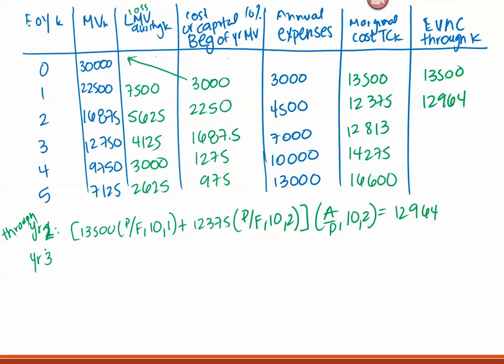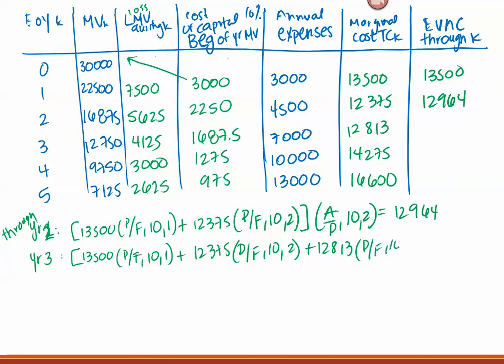Let's do it through year 3, not for year 3, but through year 3. This is going to be the same beginning, so you should see the pattern really quickly. Plus 12,375, P given F, 10 2, plus 12,813, P given F, 10 3, times A given P, 10 3, and this is equal to 12,918.